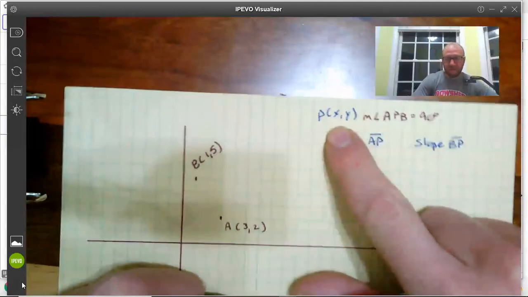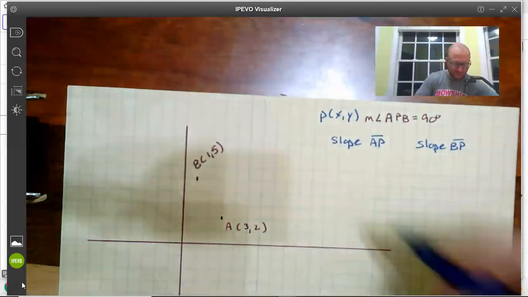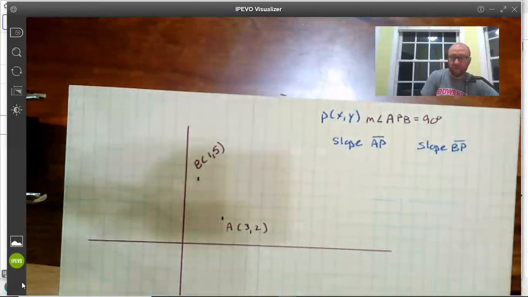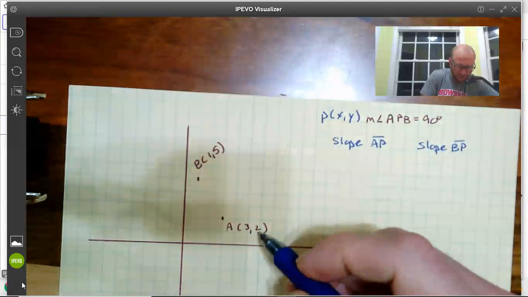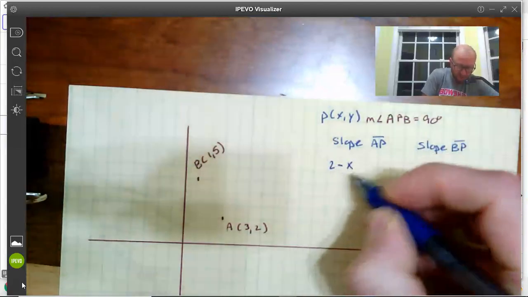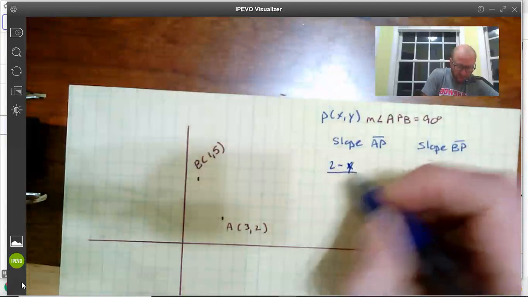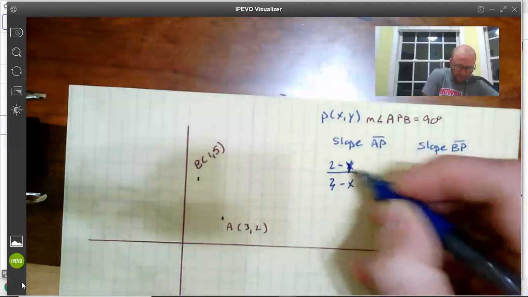P has coordinates X, Y, so the slope of A to P is change in Y over change in X, which is 2 minus our unknown Y coordinate over 3 minus our unknown X coordinate.